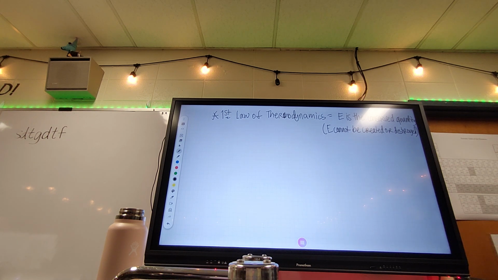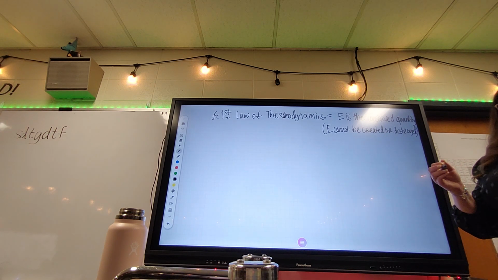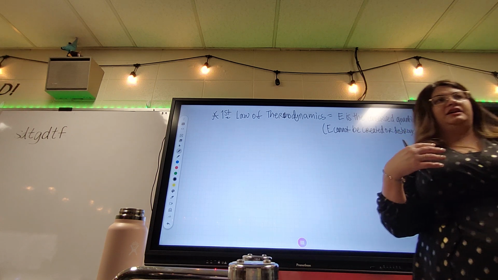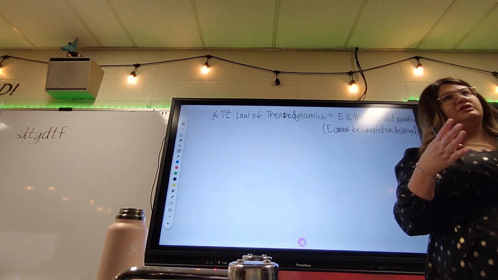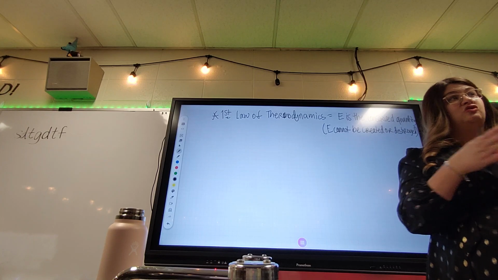But we also know that the universe is expanding. And so how is it possible that the universe is expanding if energy is remaining constant? From our understanding, the universe is currently almost 154 billion light years across.